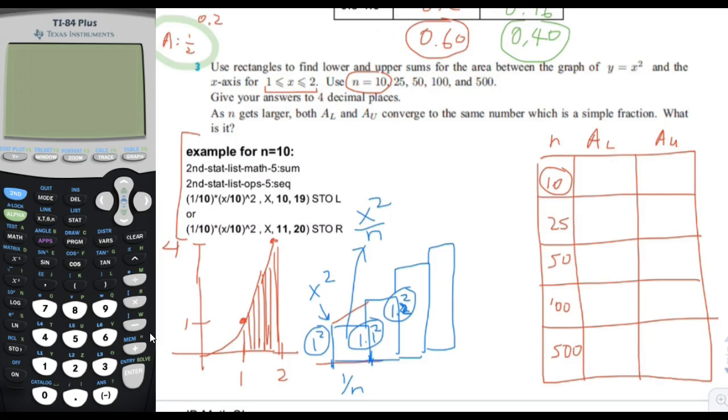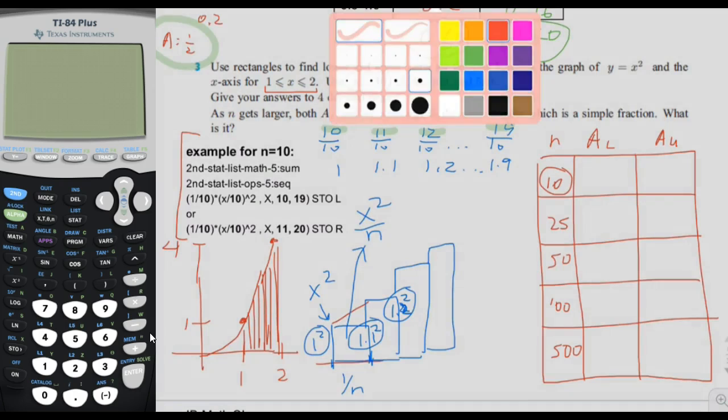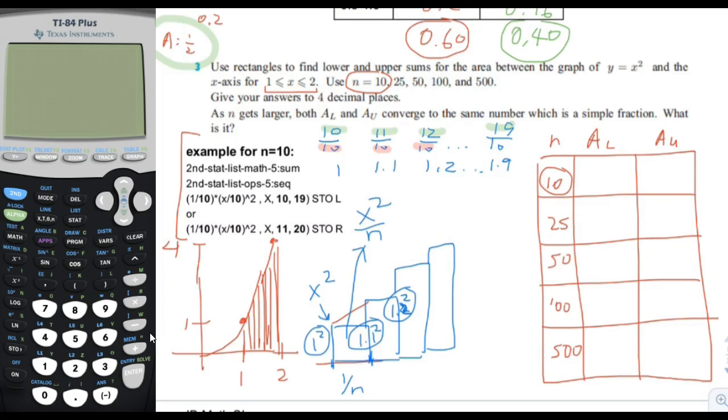To generate them with whole numbers, we start with 10 divided by 10, and 11 divided by 10, 12 divided by 10, etc., all the way up to 1.9, so 19 divided by 10. So the counter is going to be 10, 11, 12, up to 19. And then we always divide the counter by 10 so that we get the decimal number going up. This is kind of hard to understand.